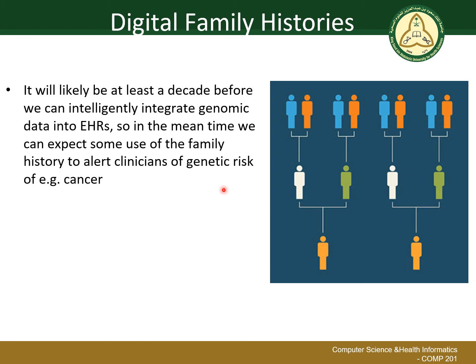The family history data is generally entered now as unstructured text, and data standards have been developed so family history can be part of electronic health records and personal health records. So these data can be shared.